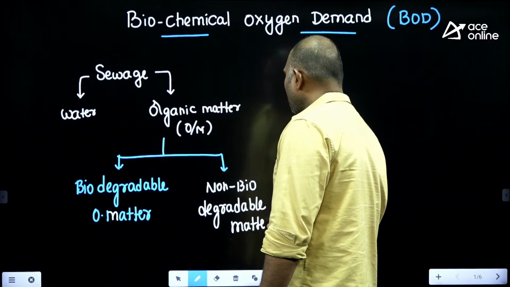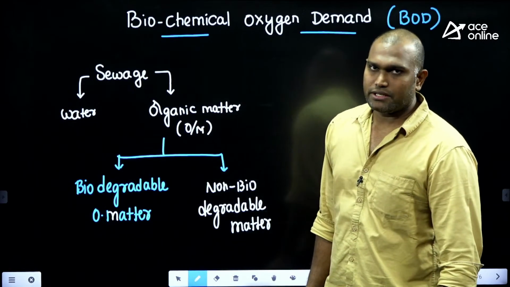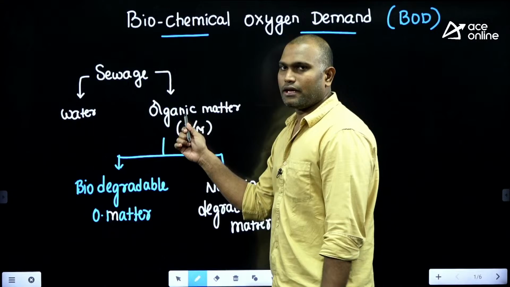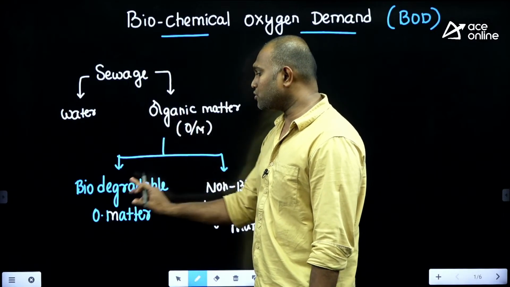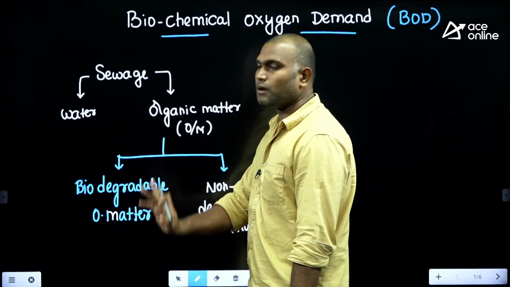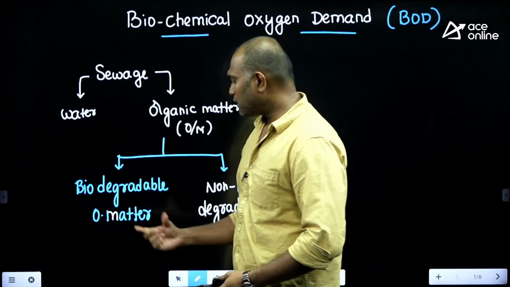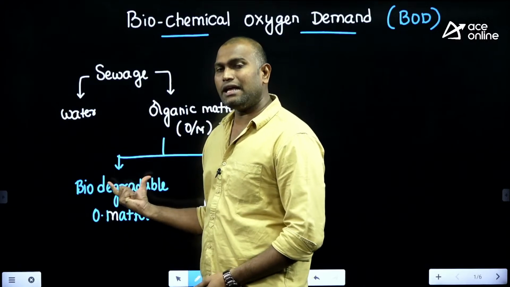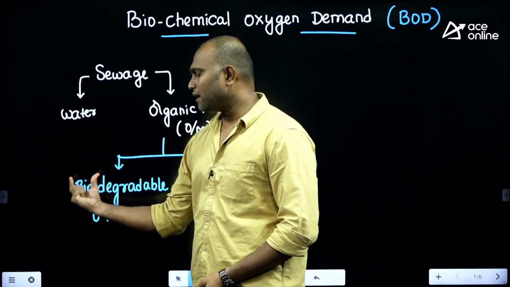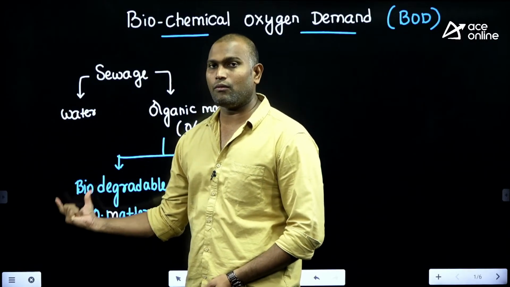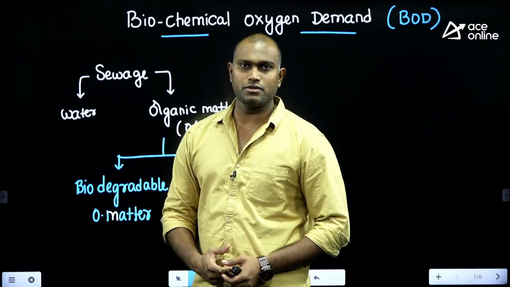If you dump sewage which consists of organic matter, the most dangerous one in the organic matter is the biodegradable organic matter. What is the meaning of biodegradable organic matter? It is organic matter that can degrade or decompose by living things in the water, which are nothing but microorganisms.